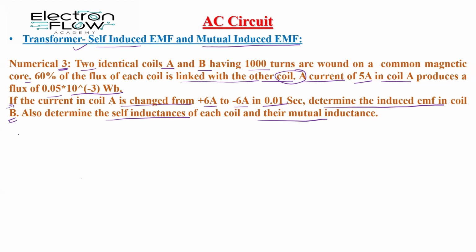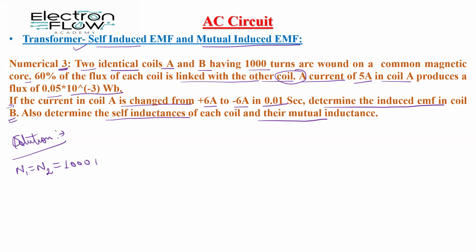So let's solve this question. Here N1 is equal to N2, since the coils are identical, which is equal to 1000. This is given to us.